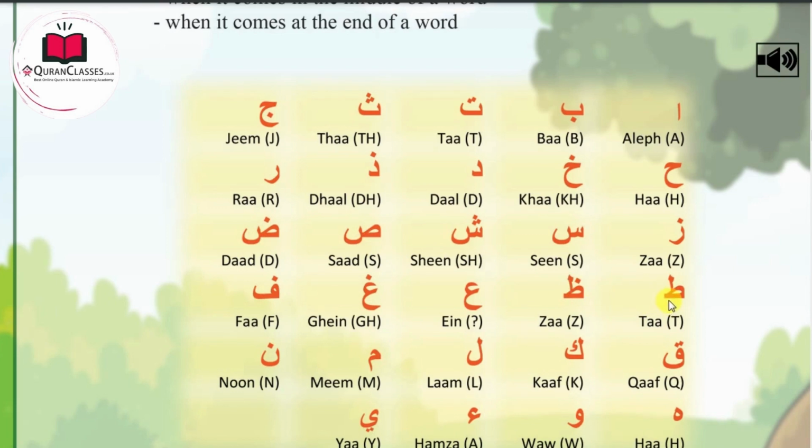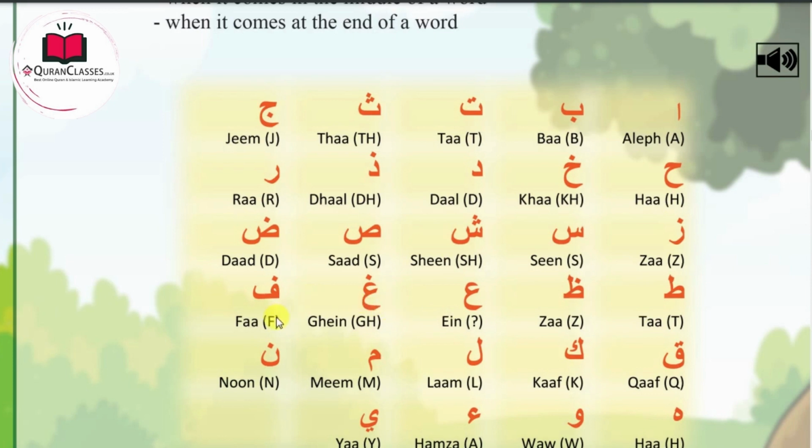After that we have Thaa and Zaa. Thaa and Zaa are similar, but Thaa doesn't have a dot and Zaa has a dot on top of the letter. After that we have Ayn and Ghayn. Ayn and Ghayn are similar, and Ayn doesn't have a dot while Ghayn has a dot on top of the letter.